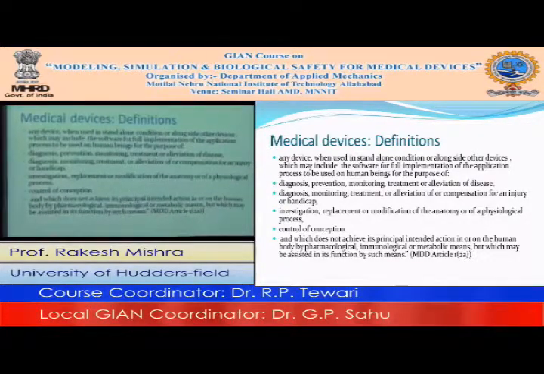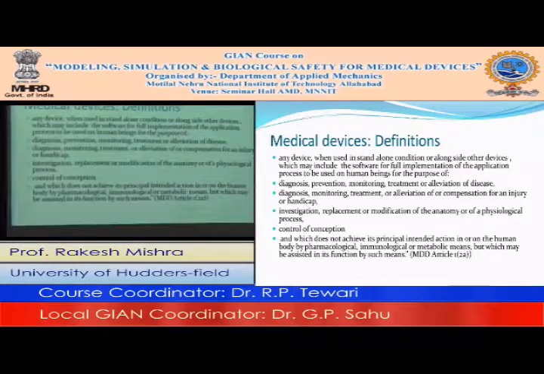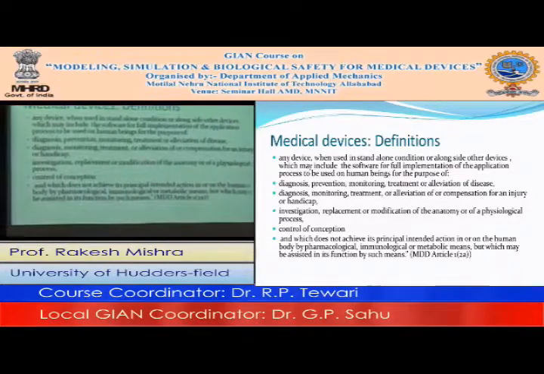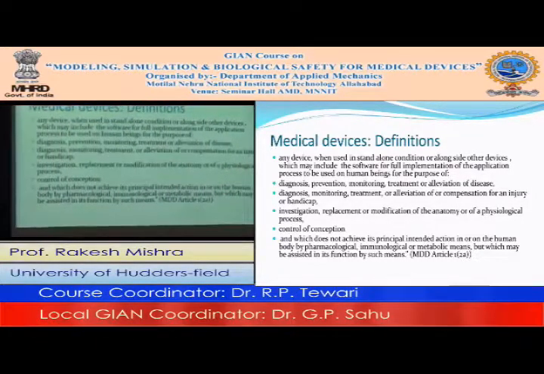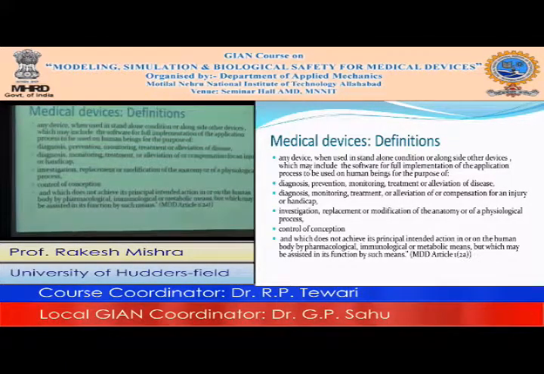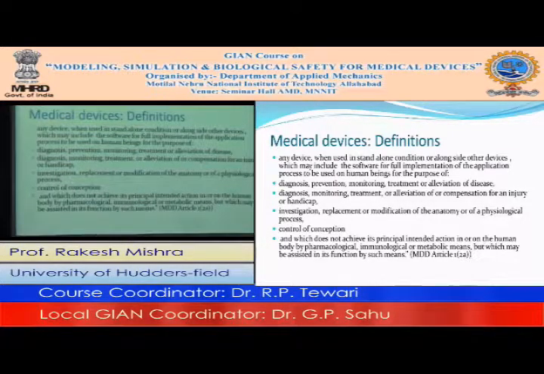The second thing is diagnosing, monitoring, treatment, alleviation, or compensation of an injury or handicap. So it is not only for the alleviation of disease, it can be used for compensation for an injury or handicap. Third, it is for investigation, replacement, or modification of the anatomy or of a physiological process.